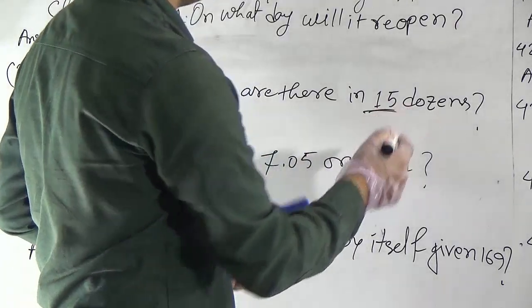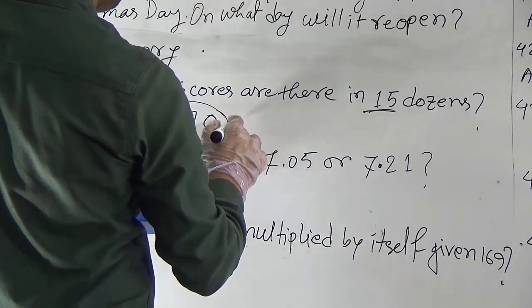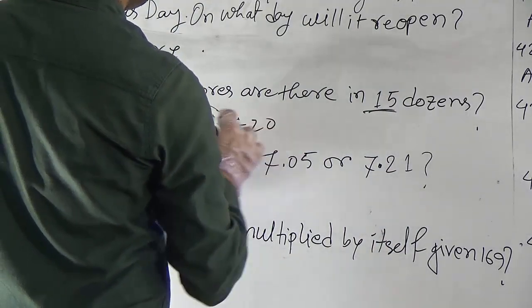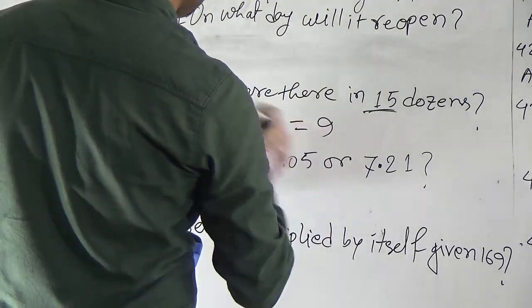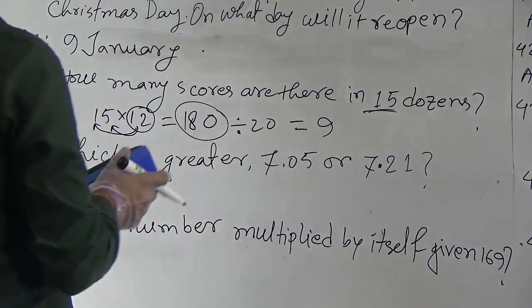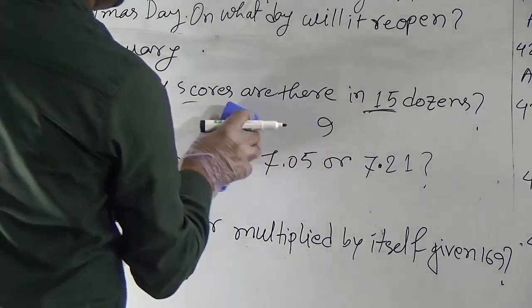In 15 dozens there are 180 items. As one score means 20, we have to divide this by 20. If we divide this by 20, it will be 9. So our required answer is 9 scores.